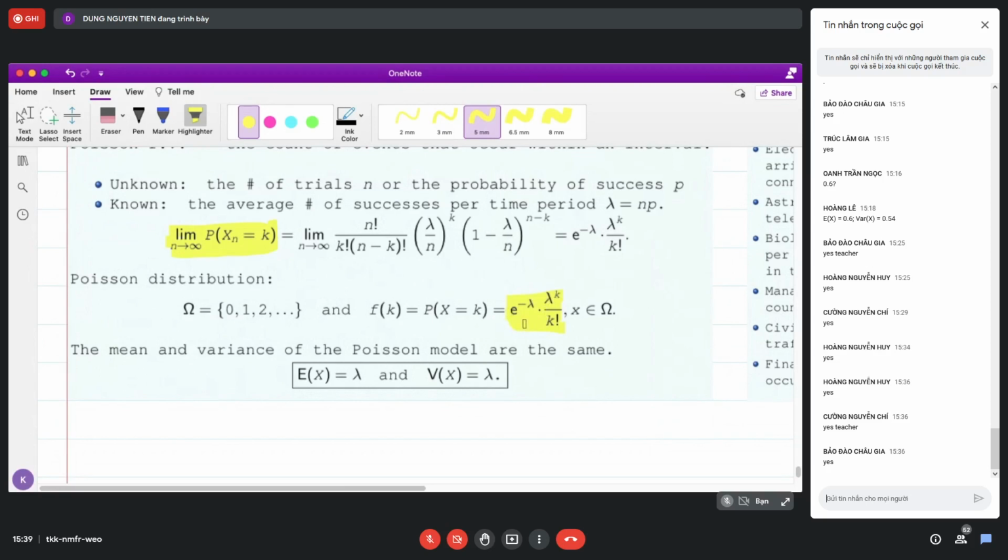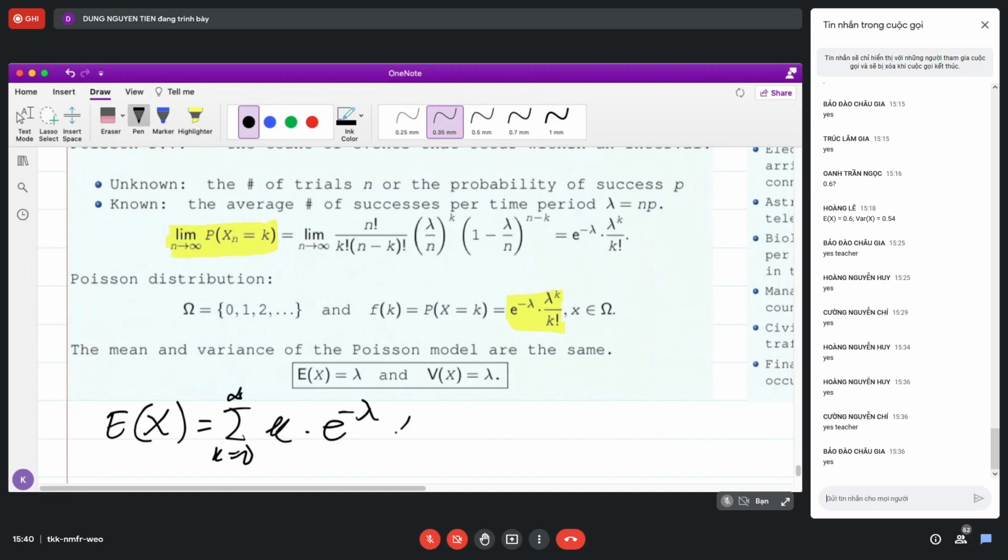You can use the definition of the mean value and the variance to get the formula for the mean of x and the variance of x. The mean of x is simply the sum over k from 0 to infinity of k times f of k, which is e to the minus lambda times lambda to the k over k factorial.